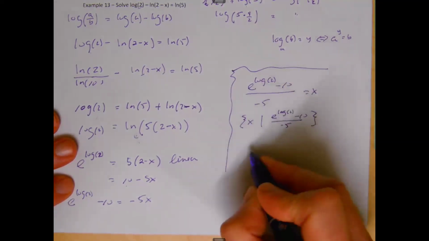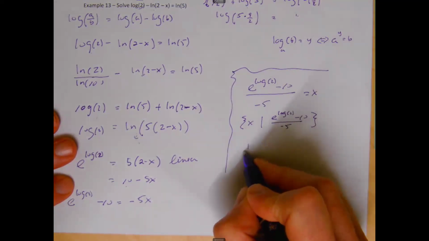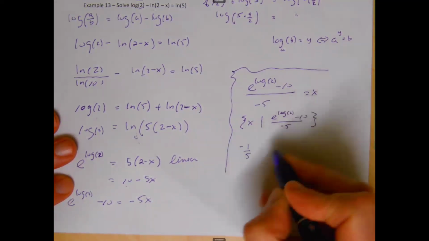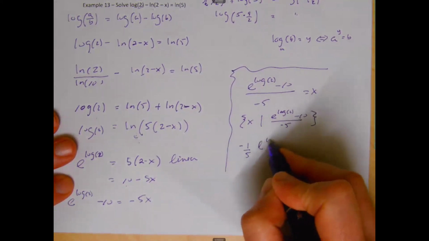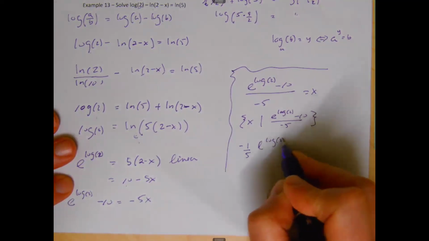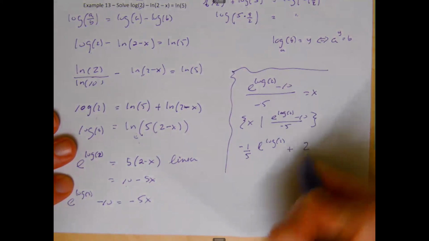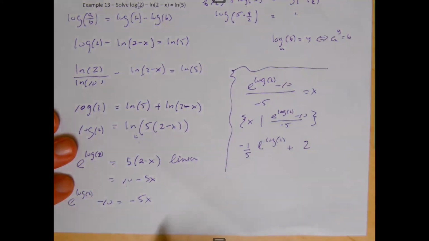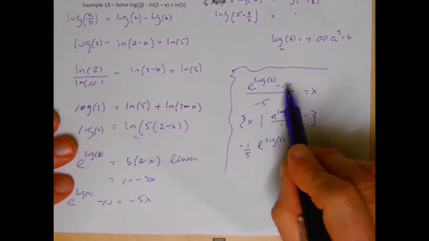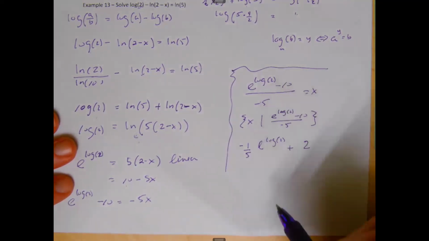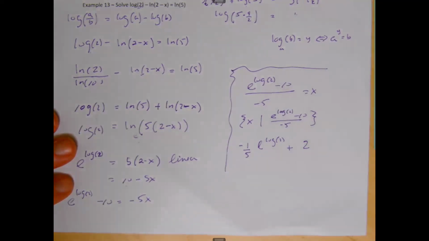So what I have here now is maybe 1/5 e to the log of 2, and then when I distribute to the other side, I got plus 2. So maybe you like that look better. So again, I got -10 divided by -5. That gives me the 2 right here.